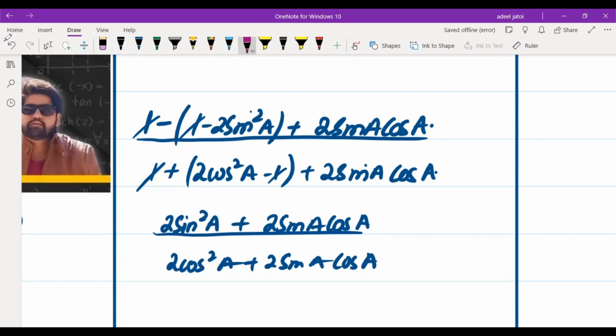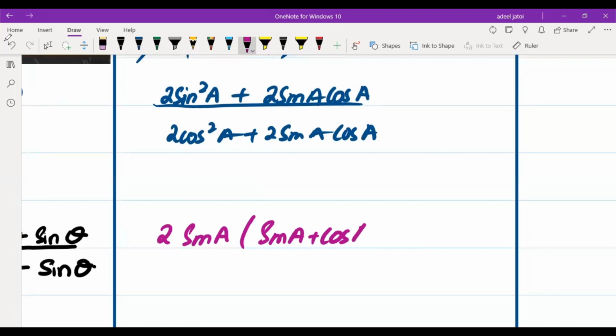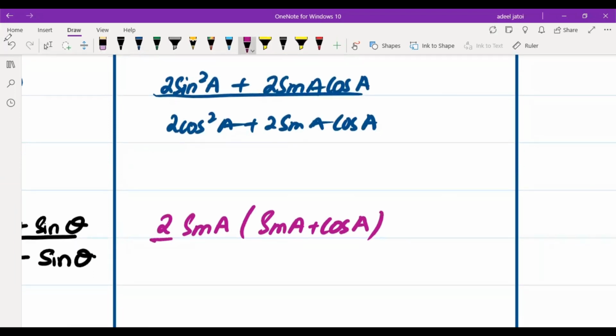Now, knowing this, we can take down the common between the numerator and the denominator. We can see that the common between these two is 2 sine A. So 2 sine A is common, and we are left with sine A plus cos A in the numerator.